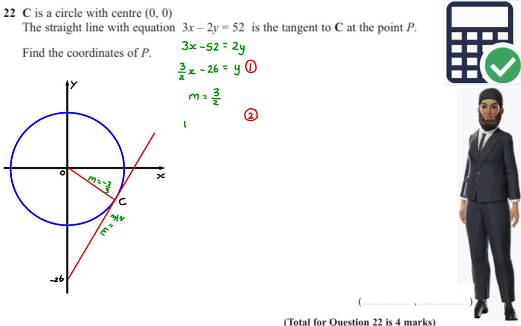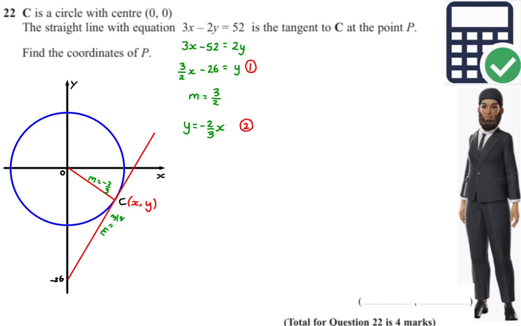The gradient is going to go in the form y is equal to minus 2 over 3 x plus 0, so we'll just leave it as it is. What we're trying to work out are the coordinates of C, in the form x followed by y.